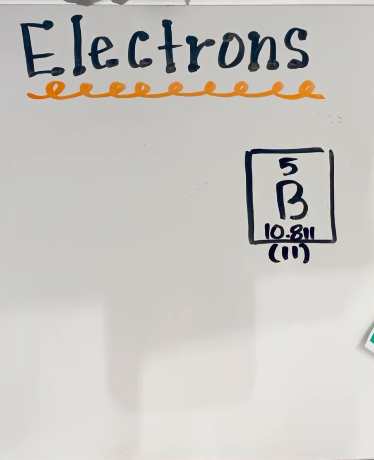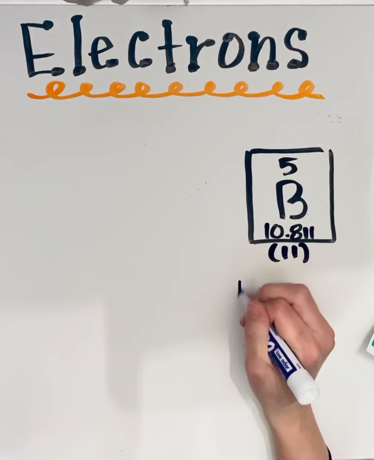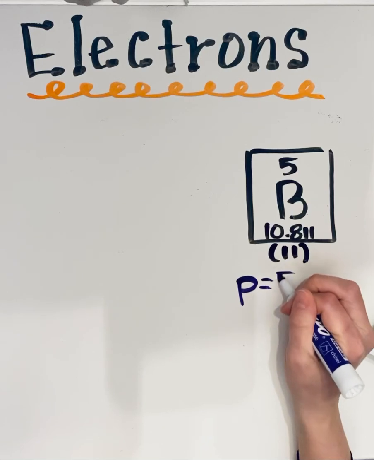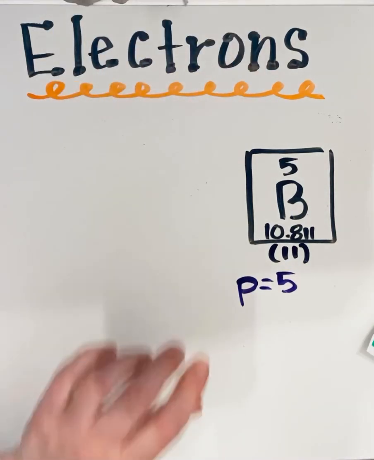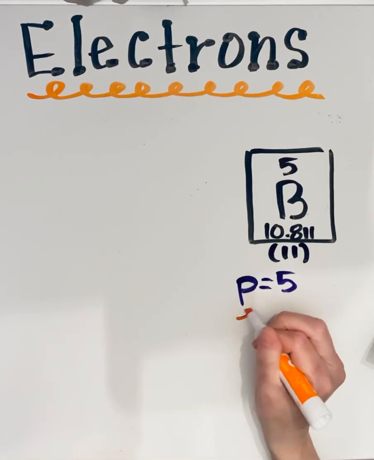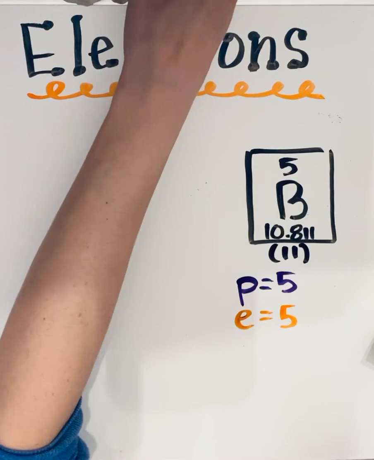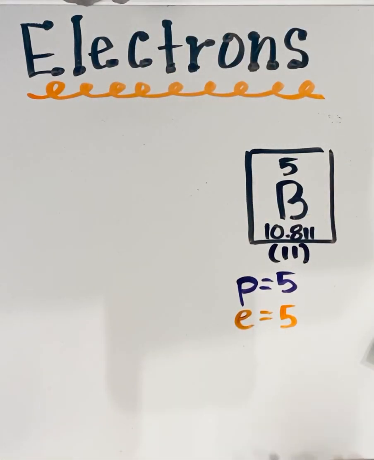All right. So the very first thing we want to figure out, how many protons are in boron? Well, we know this is the atomic number, which tells you the number of protons and also tells you the number of electrons. To figure out the number of neutrons, again, you take the atomic mass, subtract the atomic number.